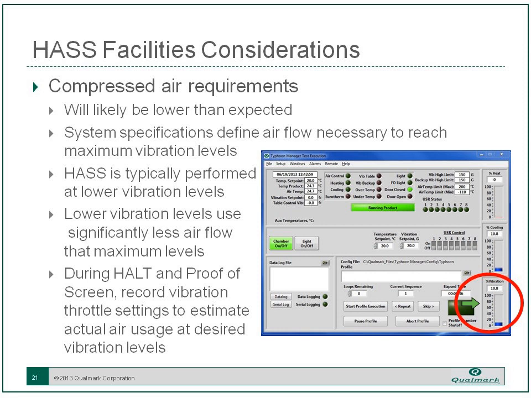So that number will tell you, in general, a percentage of total maximum flow that is being used at any given time. So if you know you never get above 15% throttle when you're running your HASS screen, there's no point in planning on more than 20 or 25% of that maximum airflow requirement being needed. So that can reduce the cost of your compressor quite a bit in half.